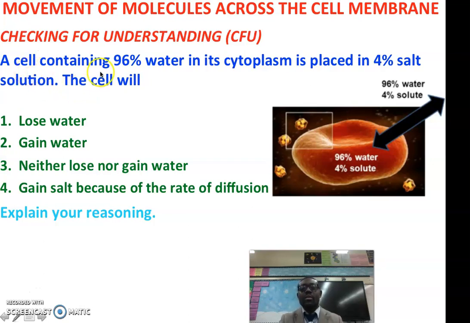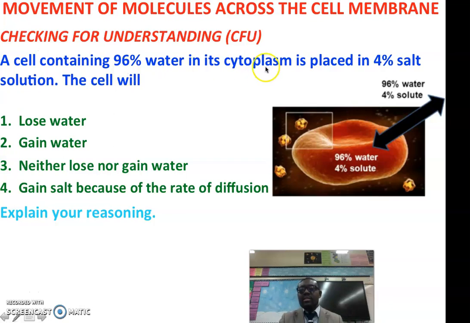Let's look at the cell alone. If a cell contains 96% water in its cytoplasm, this means that the 4% is the salt. So that means the cell has a 4% solute or salt concentration.